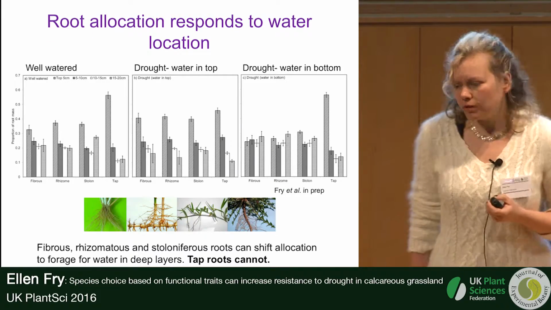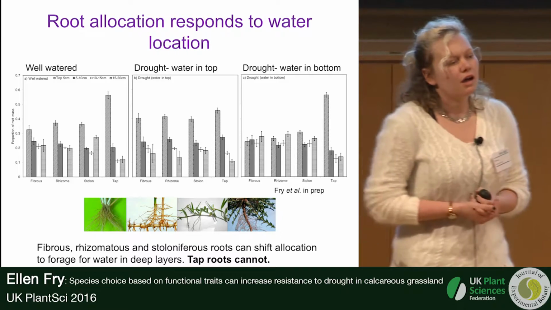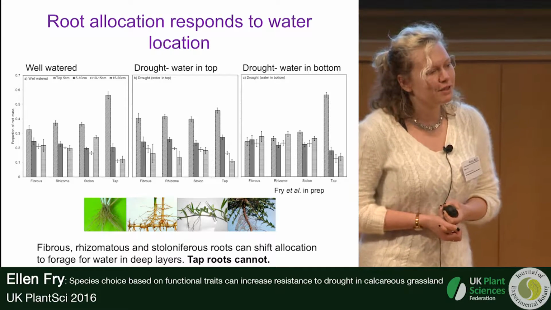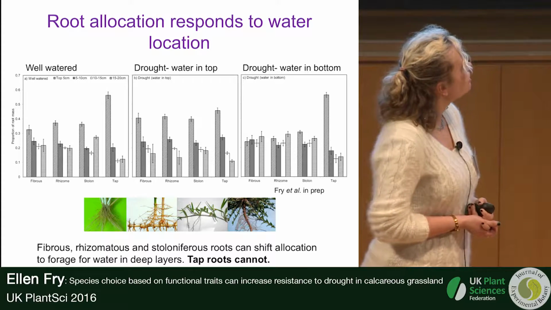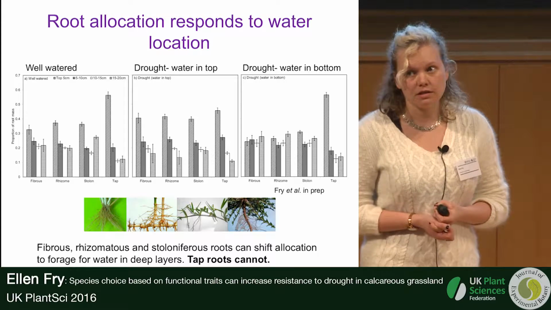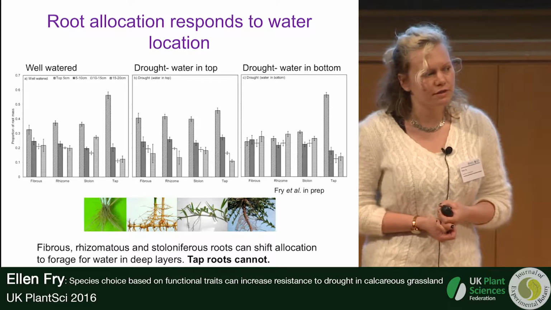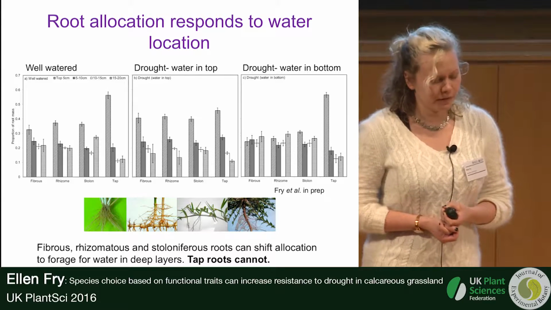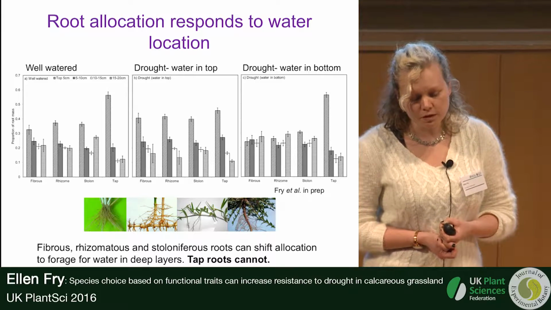So I'll get on to my big study in a minute, but I was a bit concerned that this might be a bit much for potential reviewers when I come to publish the actual study. So I decided to do a smaller experiment in the greenhouse to see if any of my ideas actually held water, if it worked. And the key thing that I was interested in was plasticity with this one.